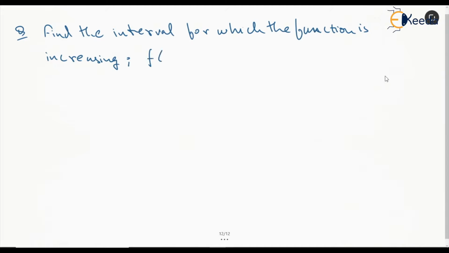The function is f of x is equal to x to the power 4 into e to the power of minus x. So we have to check the range or interval for which the function is going to be increasing.